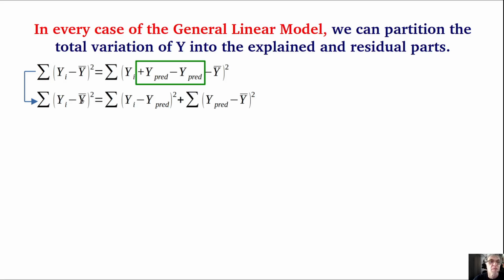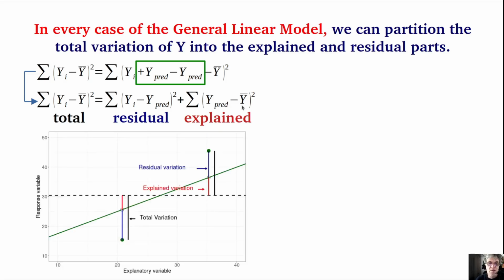After rearranging terms and developing the terms inside the parentheses, we arrive at the following. Here we have the total variation at the left. Here we have the residual part, that is the difference between the observed value of the response variable and the predicted value. And the explained part corresponds to the difference between the predicted and the mean value of the response variable. This can be shown in the following diagram.